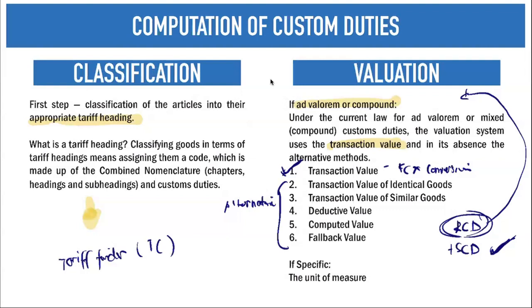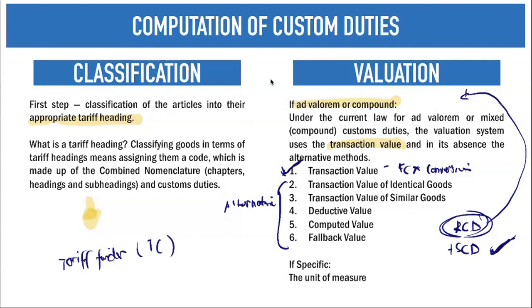So in this method, you get the similar goods which are now imported or exported in the Philippines. Whatever is the value of the similar goods, that is also the value. The fourth one, if ever you don't have transaction value, no identical goods, no similar goods, you can use the deductive value.